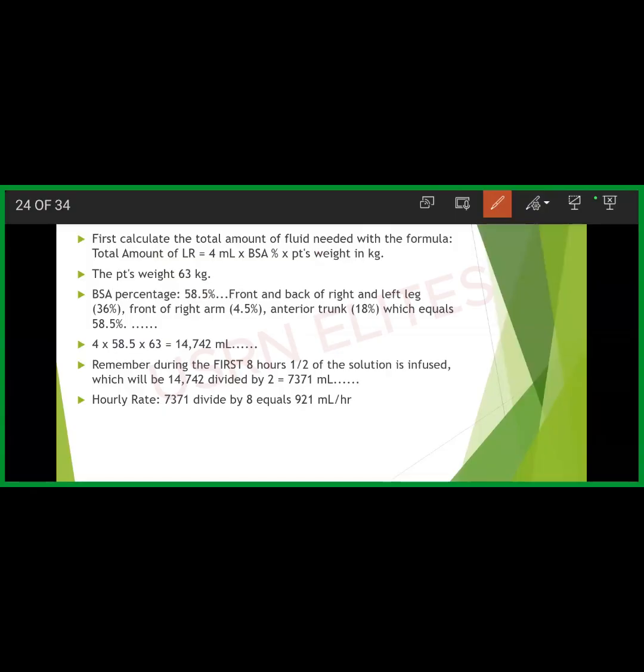Now we've calculated the total fluid for this one. We had 14,742. So how much do you think we should give in the first 8 hours? Then it means we divide it by 2. Yes, and that will give you this figure. The question didn't ask us how much fluid the patient would take. The question was asking how you should set the flow rate.